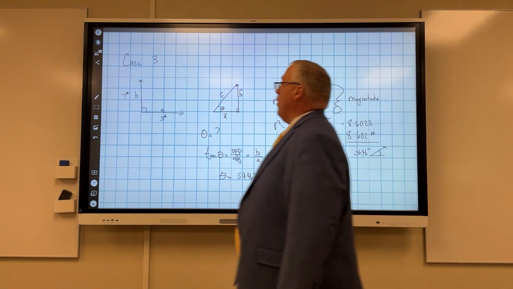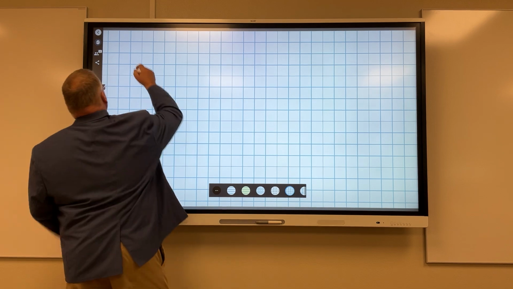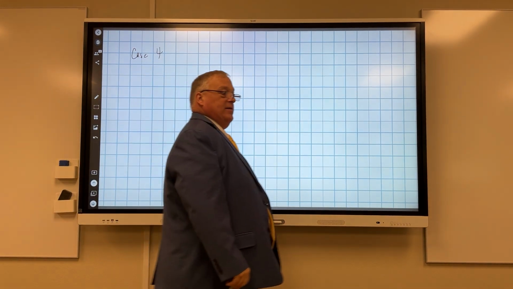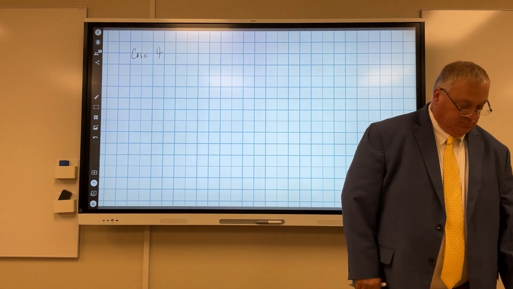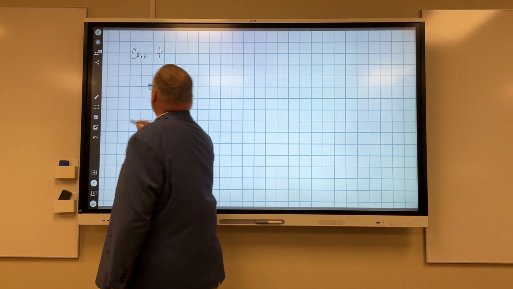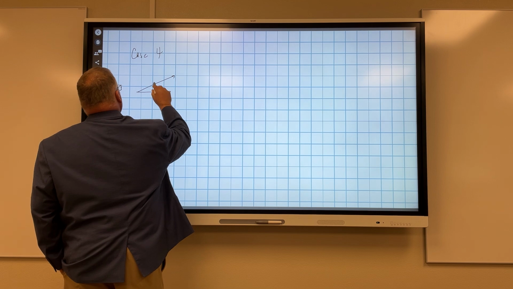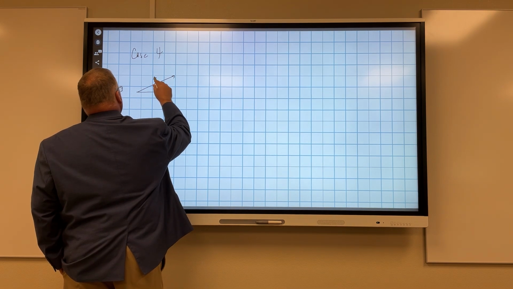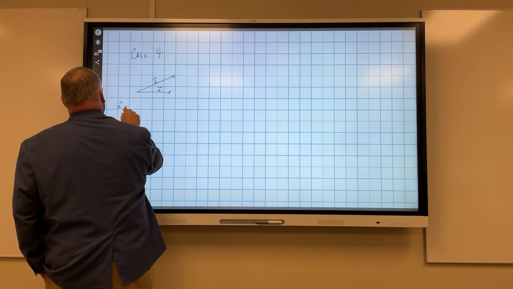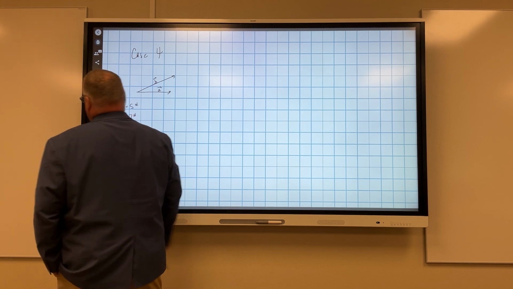So we've got case 4. What will happen if we add 2 vectors and we're still at 5 pounds and 7 pounds?